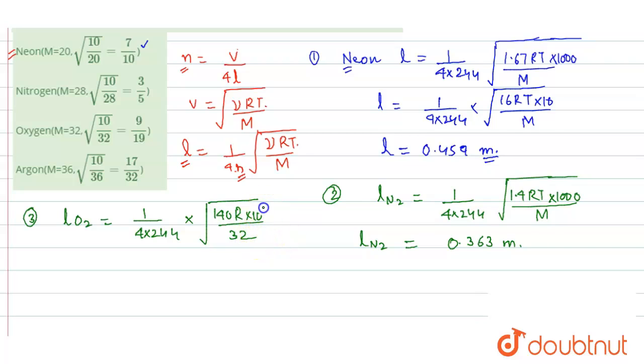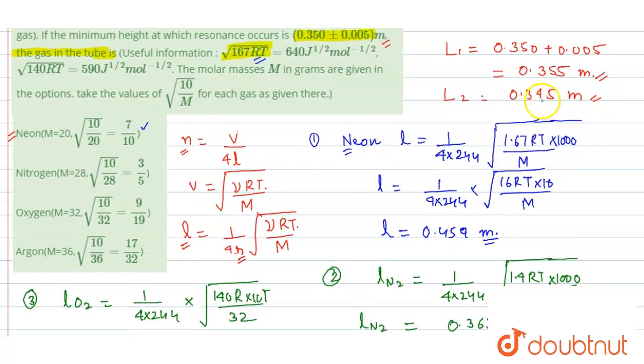If we solve this, we are going to get 0.340 meters. So you can see that the minimum length required for oxygen for resonance with the tuning fork of 244 Hz is 0.340, but we require the minimum length of 0.345 to 0.355.